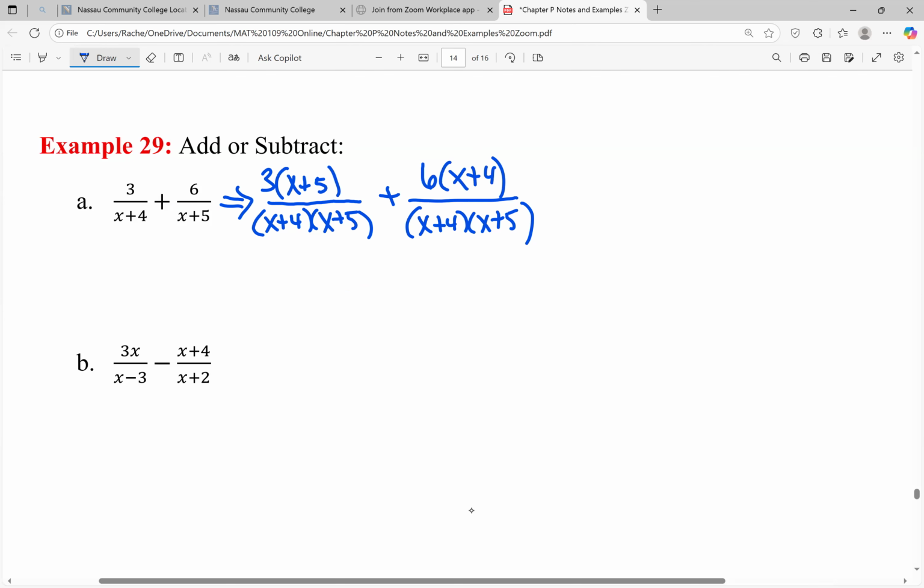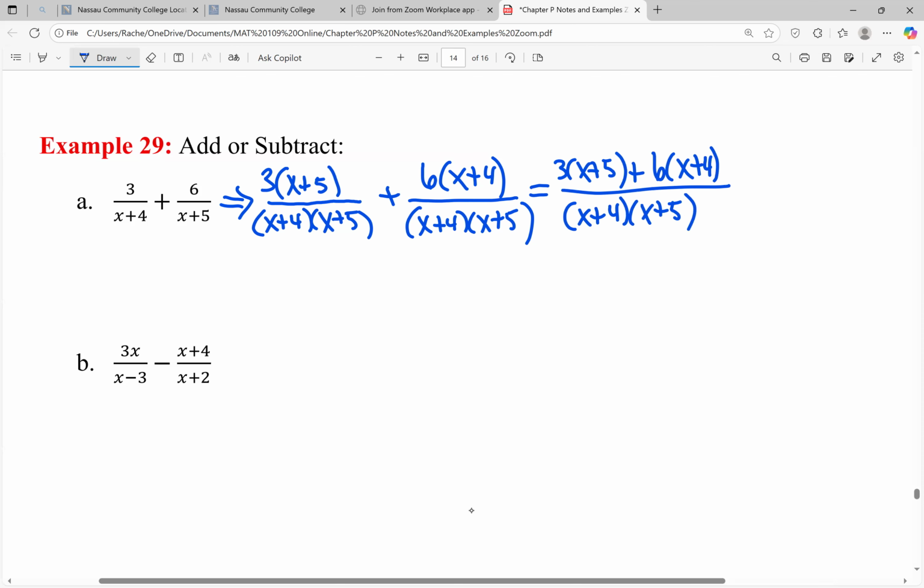So now I have two equivalent expressions, but they have a common denominator, and now I can add. So let's add the numerators. So I'm going to have 3 times x plus 5 plus 6 times x plus 4 over x plus 4 times x plus 5.